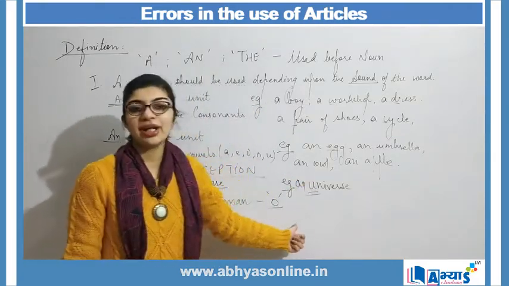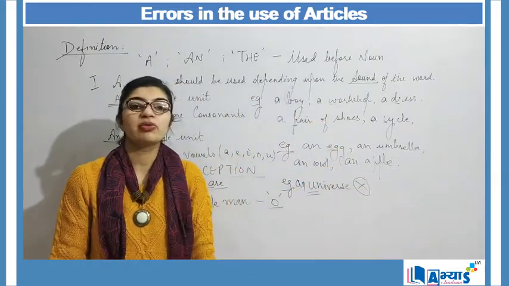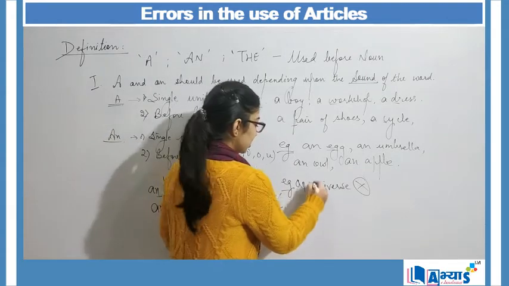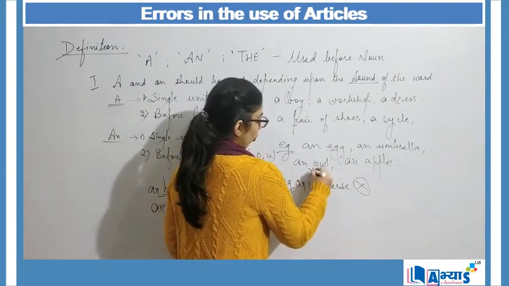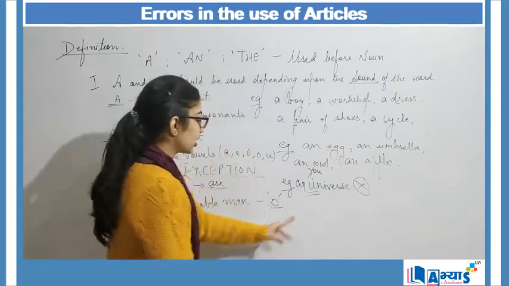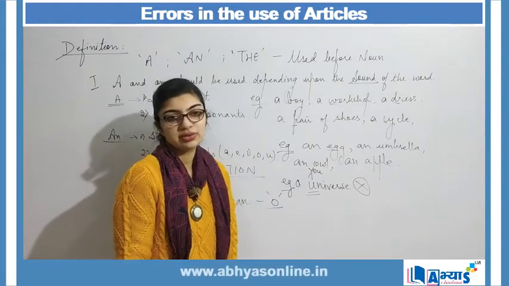But the moment you write an over here, your article will be wrong. Why? Because U over here is like Y-O-U, and Y is a consonant. So instead of an, I will say a universe, right?